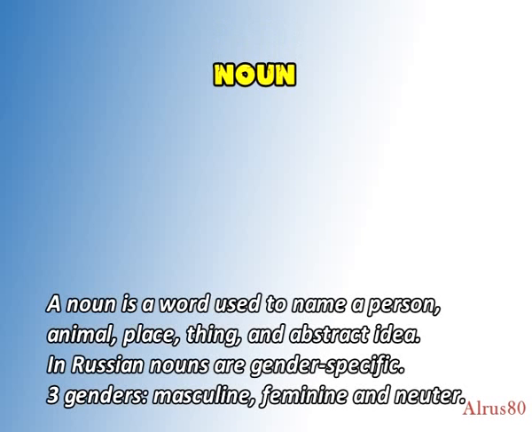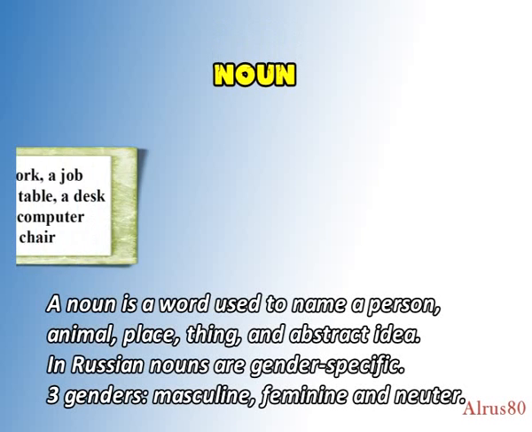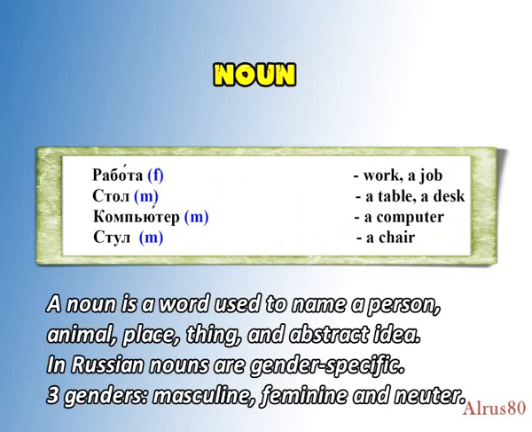Nouns. A noun is a word used to name a person, animal, place, thing, an abstract idea. In Russian, nouns are gender-specific. Three genders: masculine, feminine, and neuter. Работа, стол, компьютер, стул.